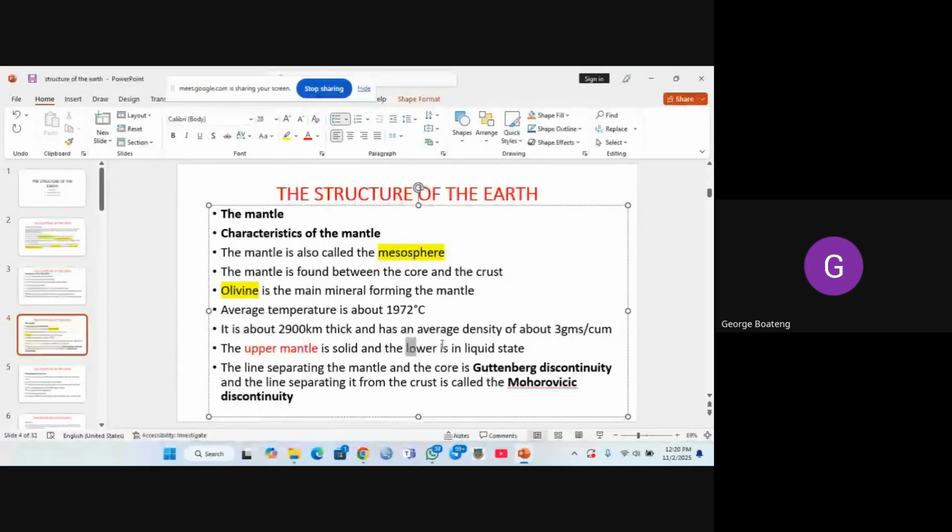Now, what we should understand is that the upper mantle is solid, whilst the lower mantle is liquid. But this liquid is not water. It is what you call a fluid.